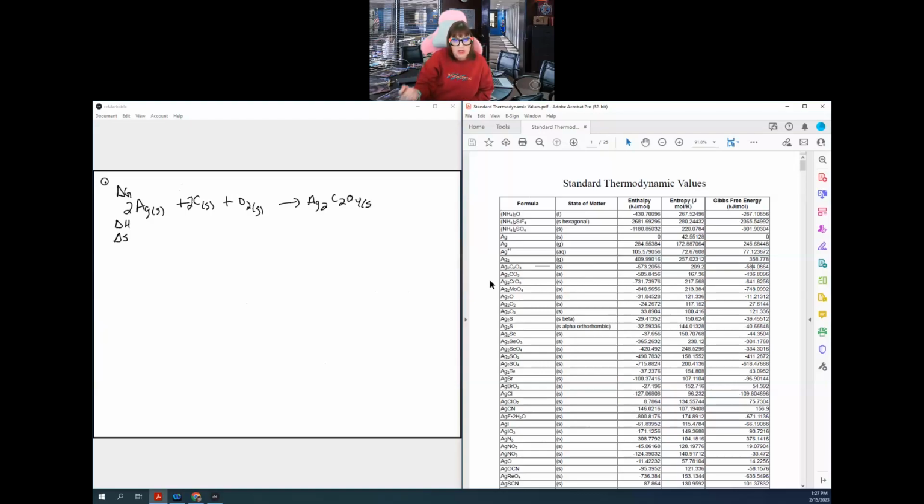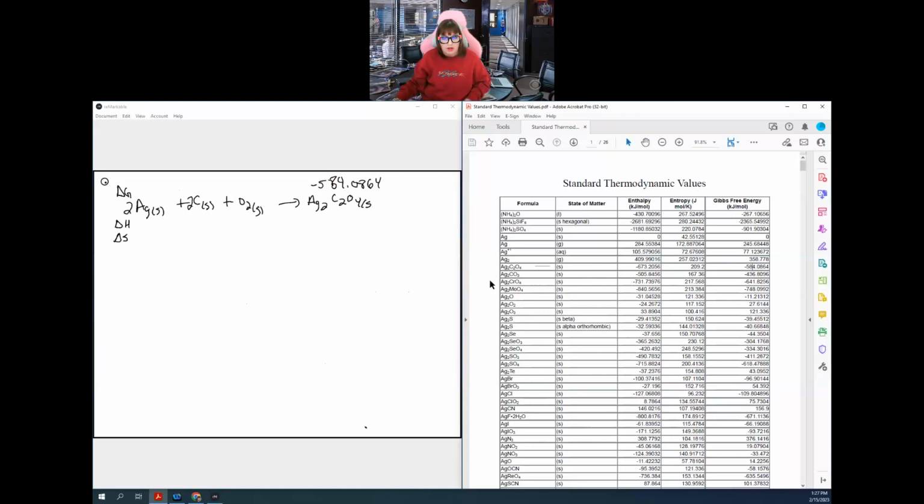Okay, so free energy on top, the H and the S below. So my free energy for that material is negative 584.0864. That's the value from that table.